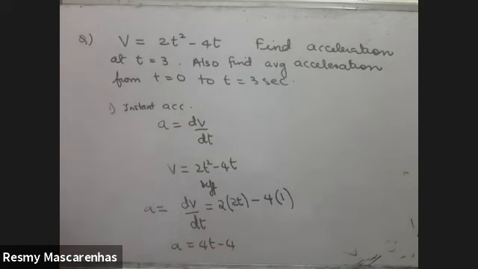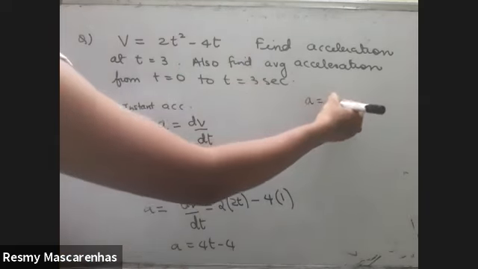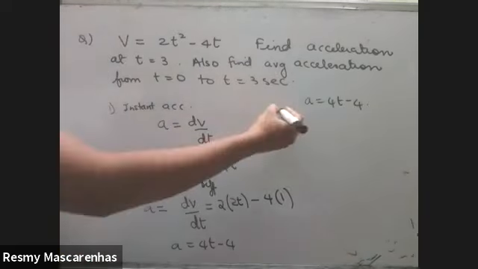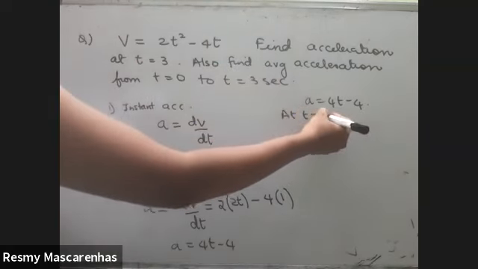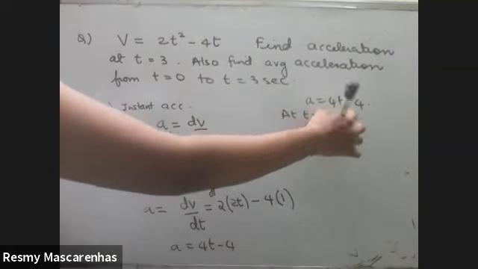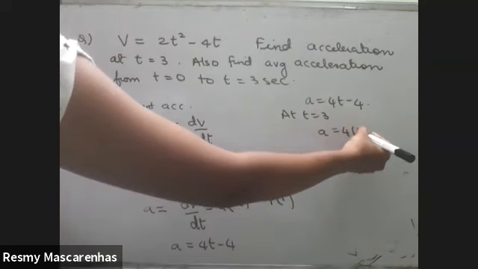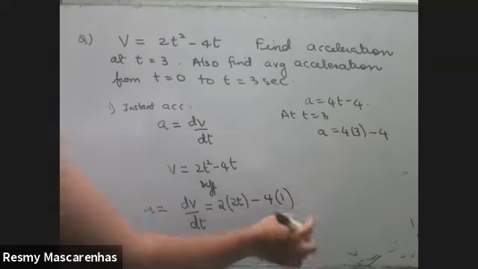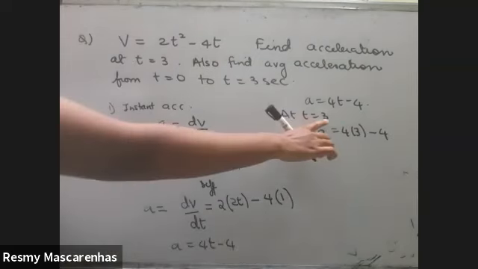And now at which time has it been asked? At t equals 3. So A, what you got, 4t minus 4. At t equals 3, put the value of t as 3. Wherever there is t, you have to just put that value.